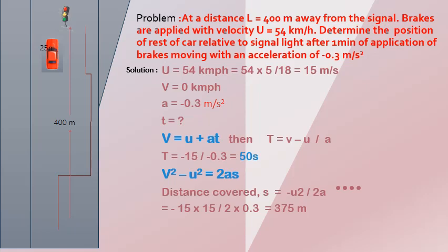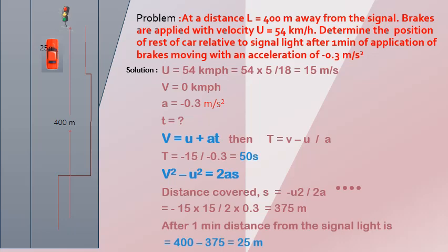That means total distance is 400, and distance covered by the car is 375. So it stops 25 meters before. So after 1 minute, when there is no green light, the car will be at a position 25 meters from the signal light. Okay, that is the answer.